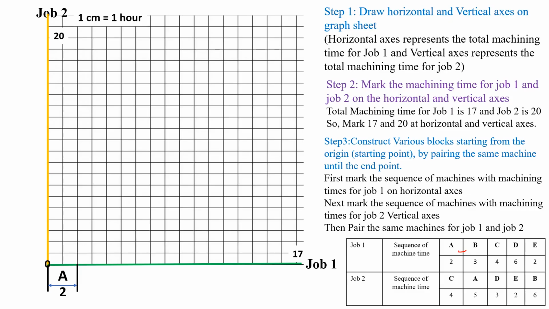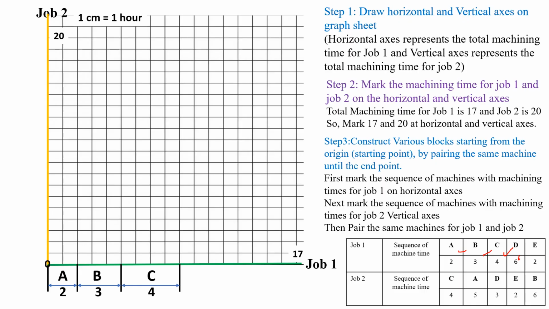Next machine is B and machining time is 3 hours. So mark machine B on the horizontal axis after machine A with 3 centimeters. This is the machining time for machine B on job 1. Next machine is C and machining time is 4 hours. So mark machine C on the horizontal axis after machine B with 4 centimeters.